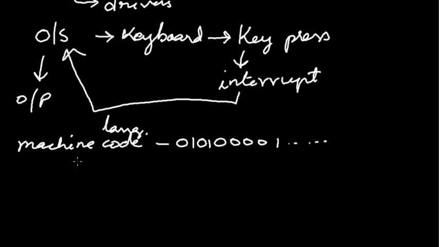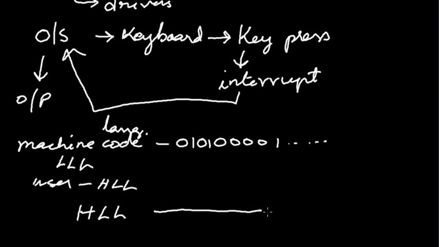The differentiation between such languages has been made in terms of a machine being able to understand, a low level language, and a user being able to understand what the user is writing in a simple form, which is called a high level language. So there is always a continuum between this high level language and a low level language. This is the regular English or Telugu or Hindi or whatever we speak.